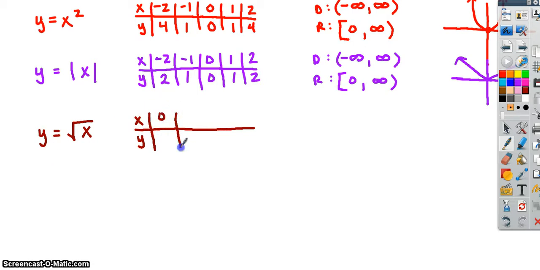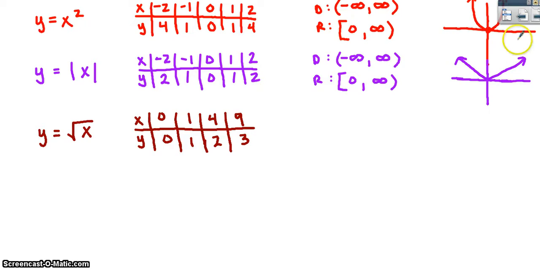So 0 works, 1 is good, 4 is another perfect square, and maybe 9 can work as well. Alright, so the square root of 0 is 0, the square root of 1 is 1, the square root of 4 is 2, the square root of 9 is 3. So you only want positive numbers, and you only want numbers that are perfect squares, because that'll let you easily make your table.